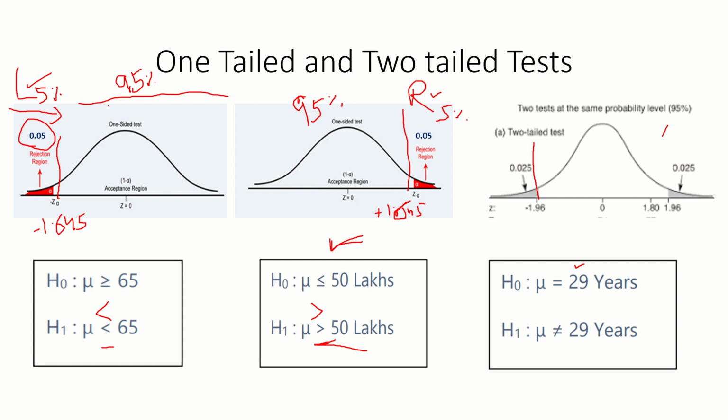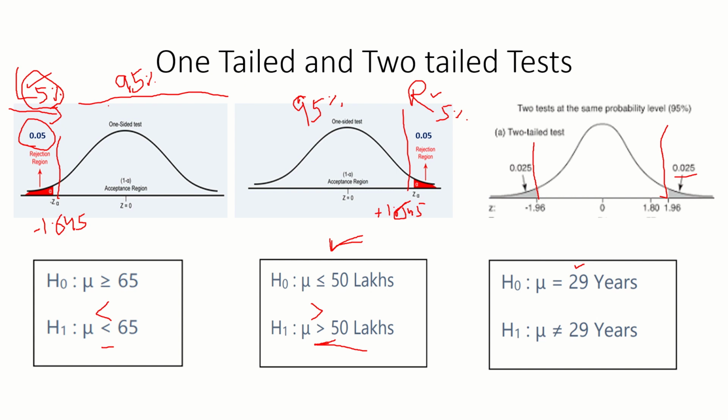So this 5% that we talked about can also be 1% or 10%, but 5% is the standard. Normally it is given. In the case of 5%, the 0.05 is divided into two, so this becomes 0.025, and this side also 0.025.